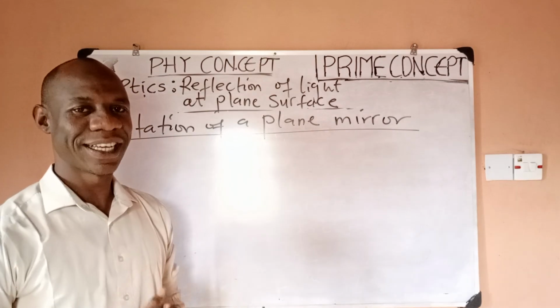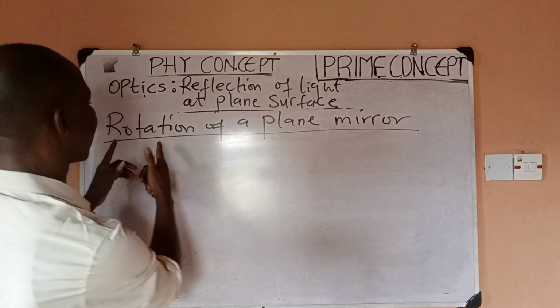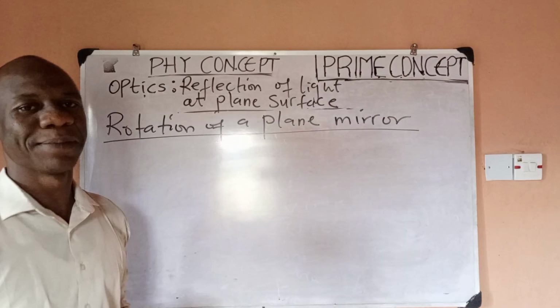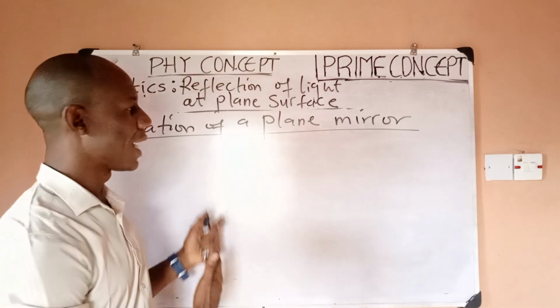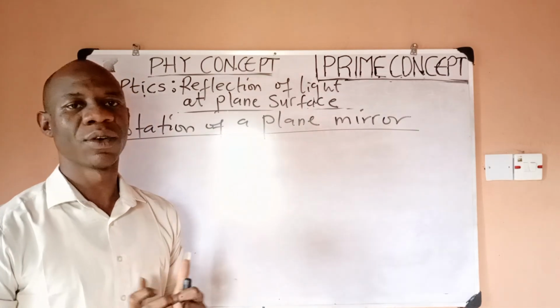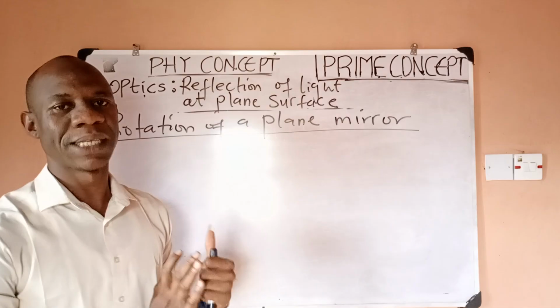Now here I want to analyze the concept of rotation of a plane mirror. Rotation is about the angle of reflection when a plane mirror is rotated.